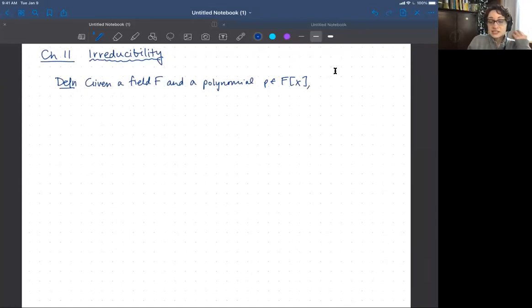we say that P of X is reducible, provided we can break it up as a product of polynomials of smaller degree. So let's get that recorded.